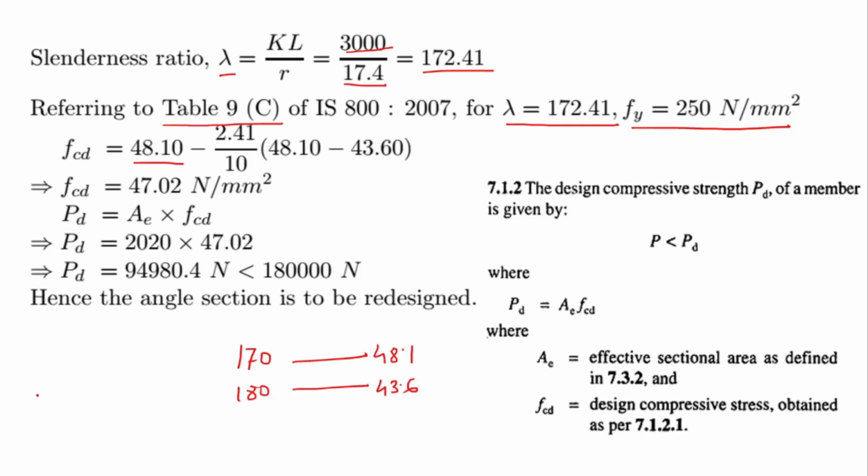So if I have to calculate the value for 172, it will be like this: 48.1 minus, why minus? Because from 48.1 to 43.6 it is decreasing. Since our value of slenderness ratio is more than 170, it will be less than 48.1. So I have put the sign minus.